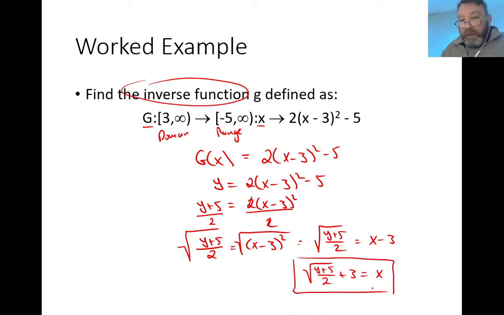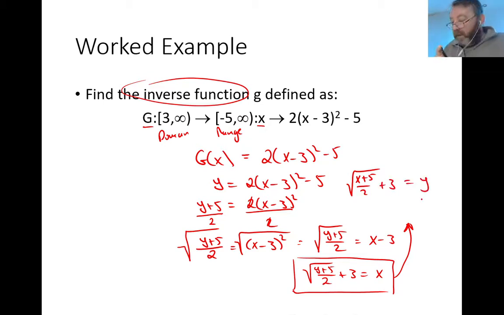But it is not the proper form of the inverse function. Remember what I told you? Manipulate, get x on its own, and then you have to swap the position of x and y. So in other words, what I now do is I rewrite this equation with the x and the y in each other's places. So it becomes the square root of x plus 5 over 2 plus 3 is equal to y.